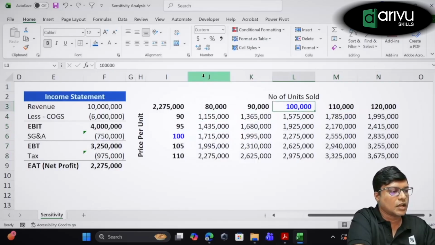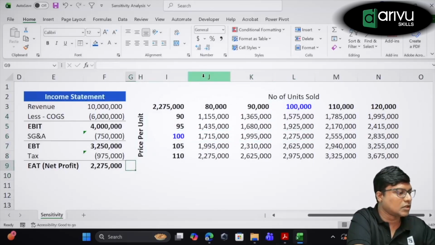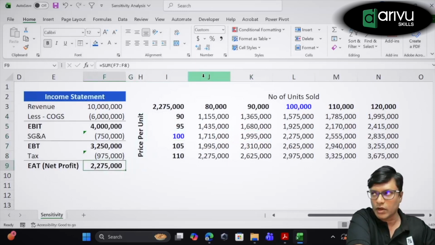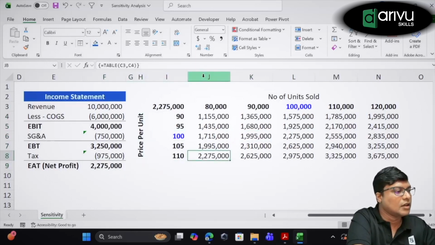So if I sell 1 lakh quantity at the rate of 100, the net profit is 22 lakh 75,000. Here the same, the net profit is 22 lakh 75,000. At a different combination level, again, at the quantity of 80,000 units, selling price of 110, I'll get the same profits.